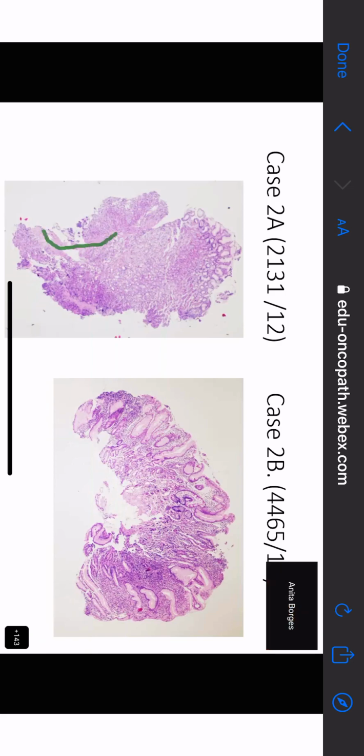That's all right. So you see here the muscularis mucosae. You have the gastric mucosa here, and then you have the muscularis mucosae. And all of this is looking very normal.